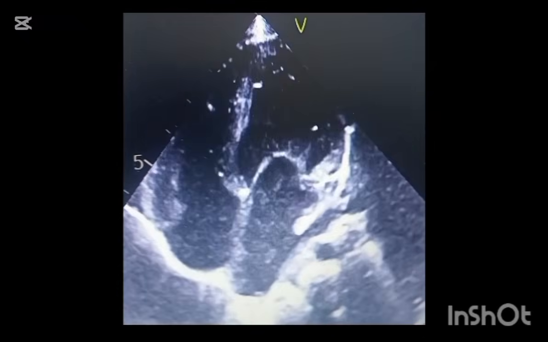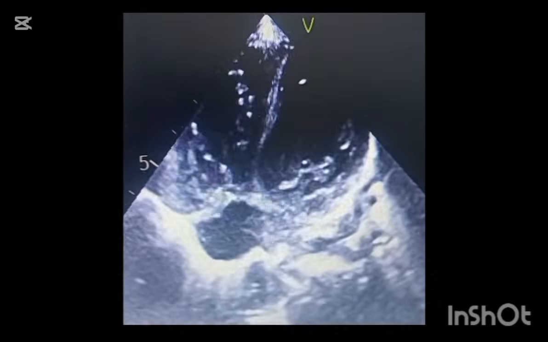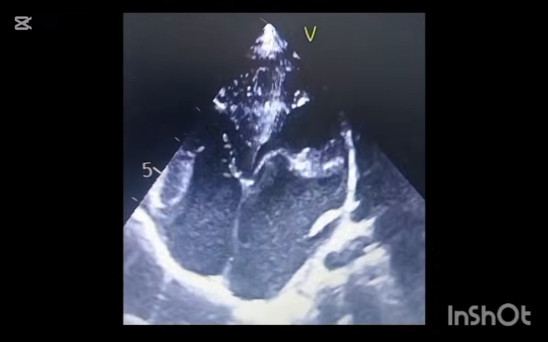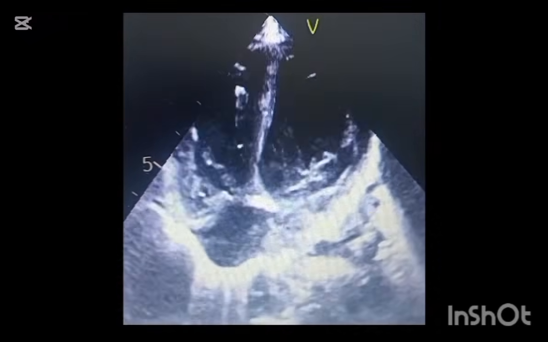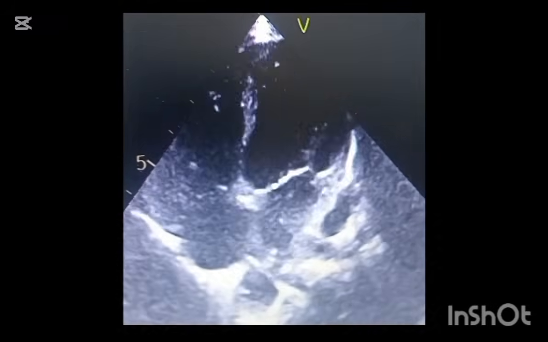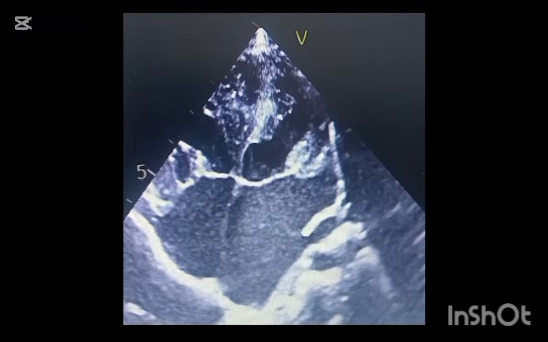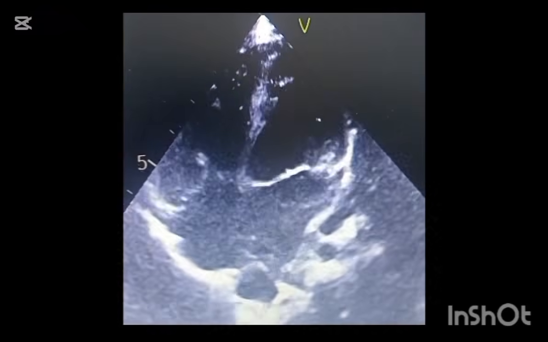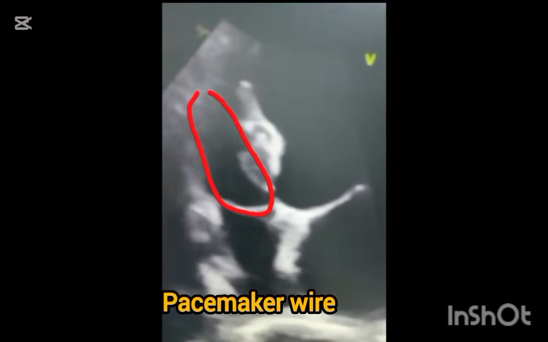The moderator band is a muscular bridge in the right ventricle of the heart connecting the interventricular septum to the base of the anterior papillary muscle. It is crucial for carrying right bundle branch fibers, ensuring efficient electrical conduction, preventing overdistension and supporting the tricuspid valve apparatus, serving as a key anatomical landmark for identifying the right ventricle, especially in congenital heart defects. And this is another normal variant structure in the RV, the pacemaker wire.